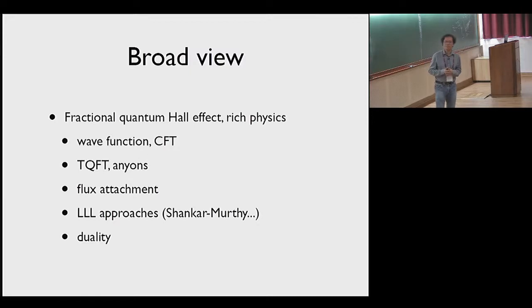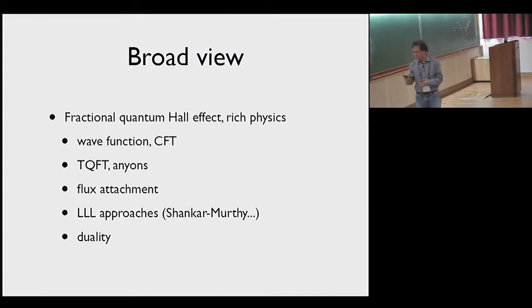Before starting, I'm going to mention just one fact about the fractional quantum Hall effect: it is a very non-trivial physical phenomenon that has many facets, and there is no single approach that can encompass all the physics of the fractional quantum Hall effect.